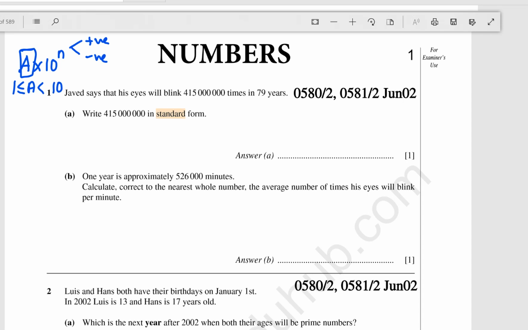Now 415 can be written in a standard form as 4.15. Now this number has become less than 10 and so it is fine, but then I need to write it in a way such that it is back into this form. So how will I do that?